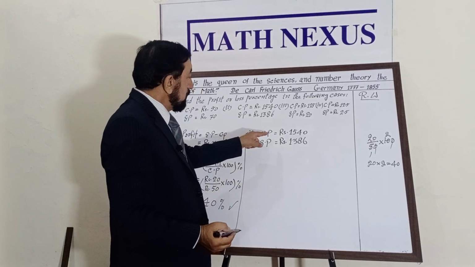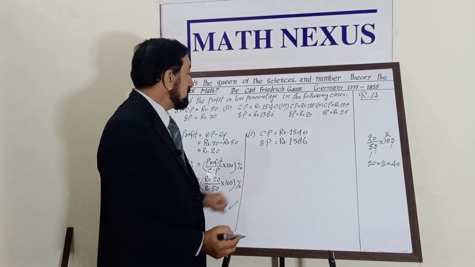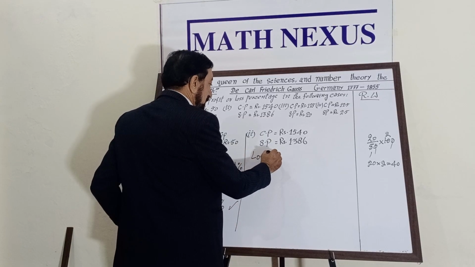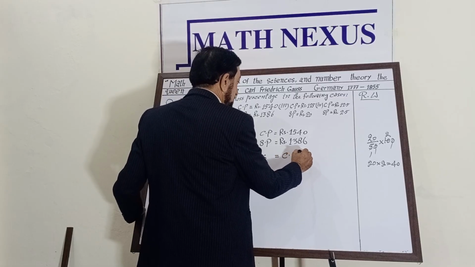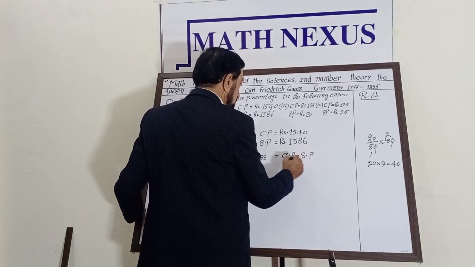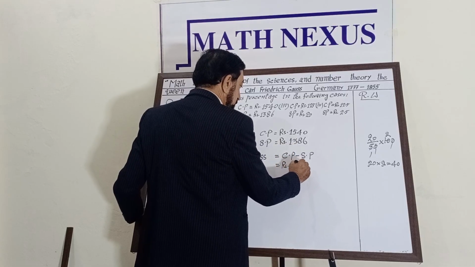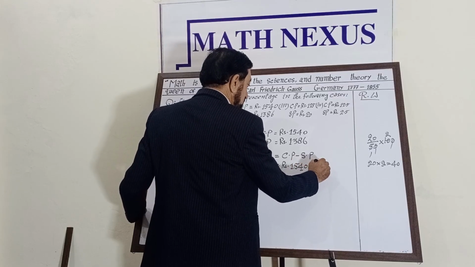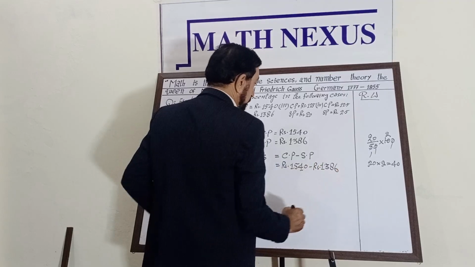When cost price is greater than sale price, this is called loss. Loss is equal to cost price minus sale price. Cost price is equal to 1540 minus 1386.